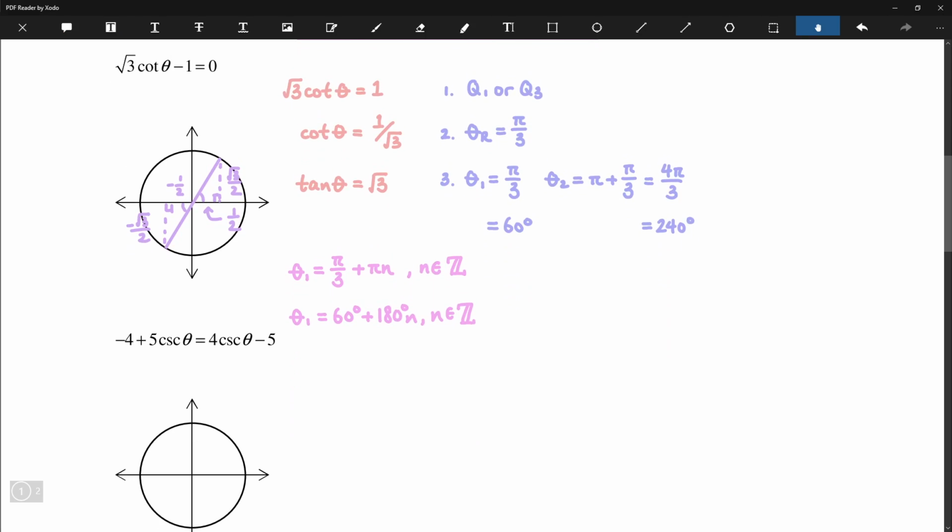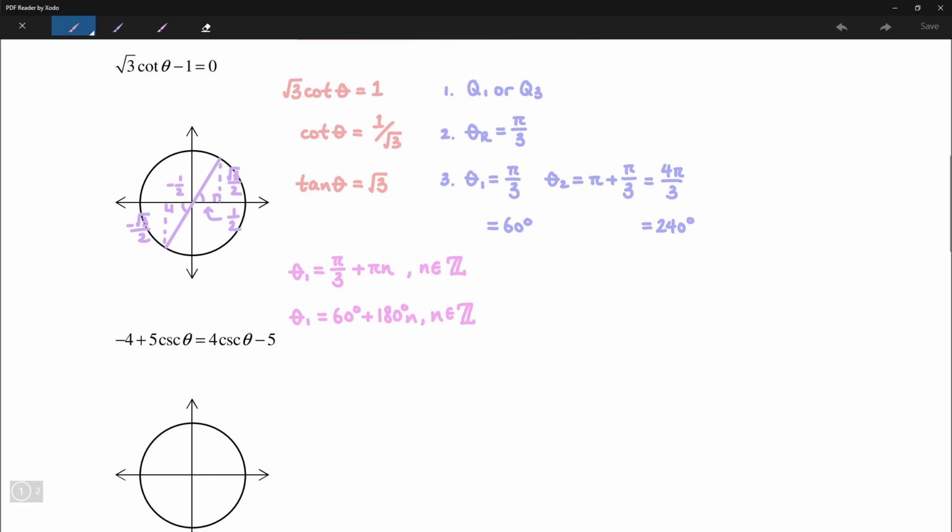So here we have negative 4 plus 5 cosecant theta is equal to 4 cosecant theta minus 5. And so the first thing we can do here is subtract 4 cosecant theta from both sides. And that will simplify the equation to negative 4 plus cosecant theta is equal to negative 5.